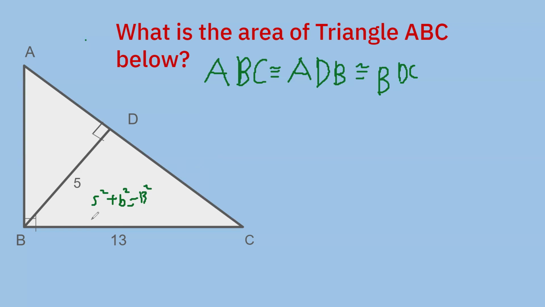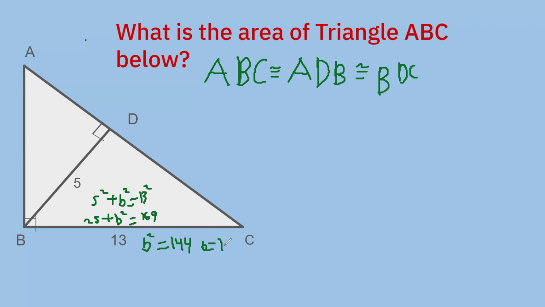So that gets us 25 plus B squared equals 169. So B squared equals 144. So B equals 12.